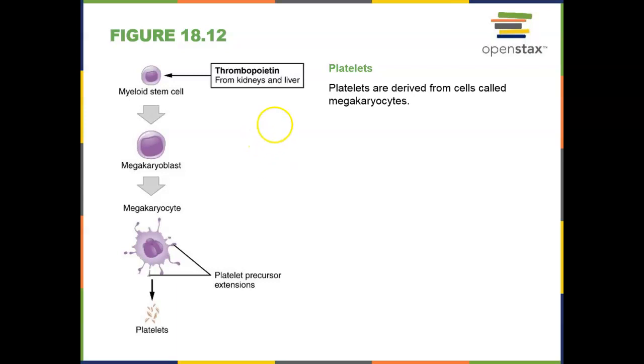So we have this myeloid stem cell that differentiates into a megakaryoblast, an immature cell that eventually becomes a megakaryocyte. The megakaryocyte then has these long plasma extensions, and in the bone marrow, these extensions move into the blood, and pieces of the megakaryocyte are broken off, forming those platelets.